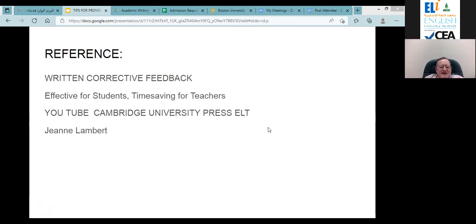She's presented the whole issue of providing written feedback, the pros and the cons, the debate over its value, its validity, the expectations of administration, the expectations of students, and our own personal responsibility, and then how we do it.